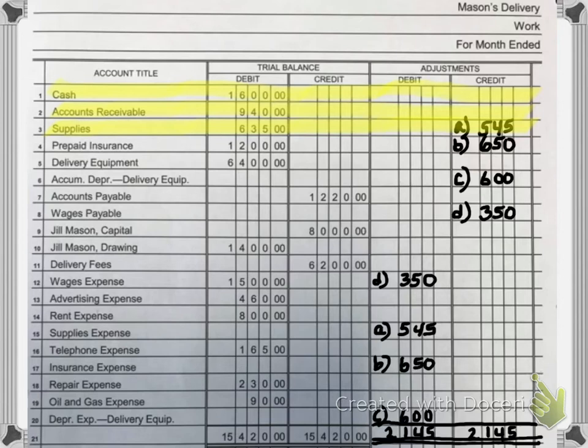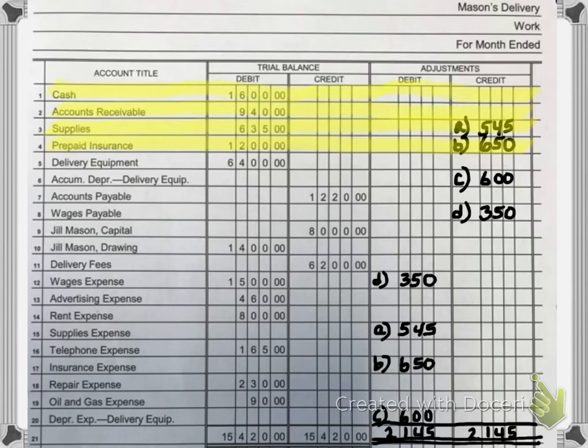Moving down to the next line, prepaid insurance had a $1,200 debit balance, but it was affected by a $650 credit adjustment. So again, a debit and a credit, they're opposites. You are going to subtract. So $1,200 minus the $650 is going to leave you with a $550 debit balance that will go on the adjusted trial balance debit column.